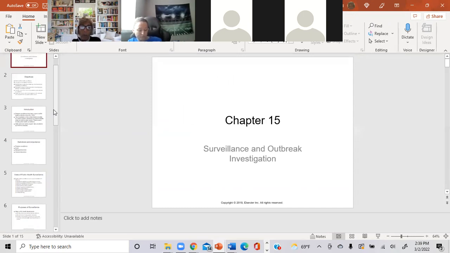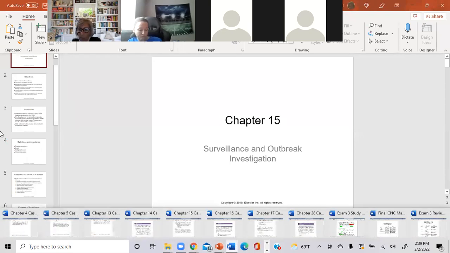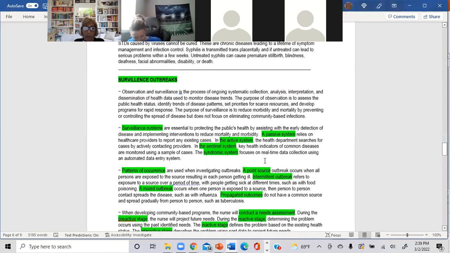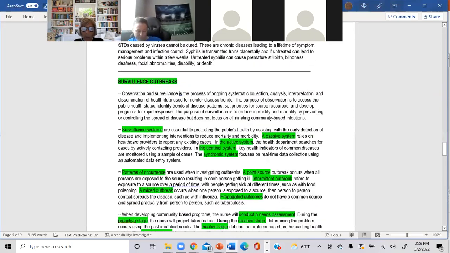Go through the PowerPoint. Oh, the one thing I wanted to show you was in our study guide, there's a whole section on disaster management. We're going to cover this now. Actually, what I should do for this chapter is go right to the study guide, because this is what we need to know to be able to understand the importance of what we have to do to participate in observation and surveillance with outbreaks.